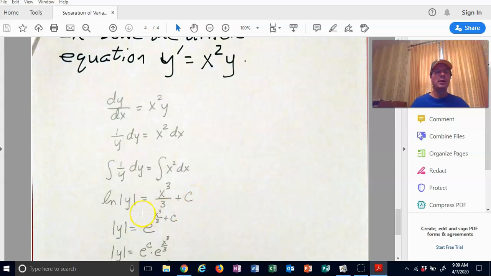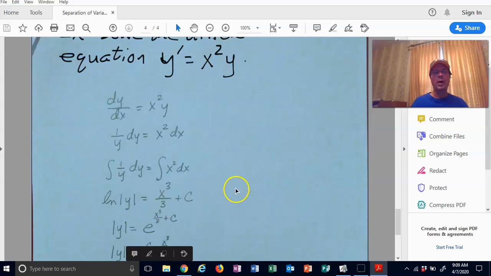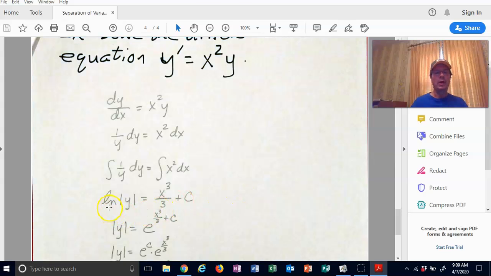All right, now, this one we can solve for y. So I want to get rid of the natural log, so I'm going to use a base of e, and this is what I'll get. I'll get e to the natural log of the absolute value of y on the left side is equal to e to the x cubed over 3 plus c power here. And that allows me to get rid of the natural log over on the left side.